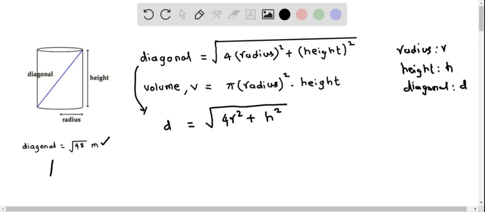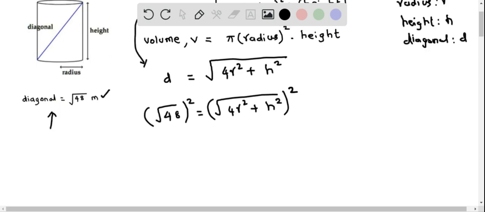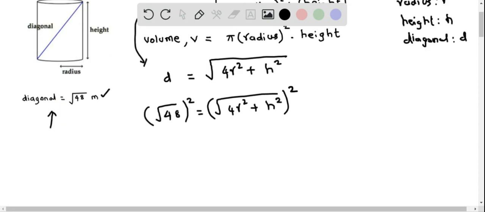Now we are already given that the diagonal equals root 48 meters. So I replace the diagonal by root 48, and this equals 4 times r squared plus h squared, and this is under the root. Now let's square both sides so that we get rid of this radical, and the square of root 48 equals 48.